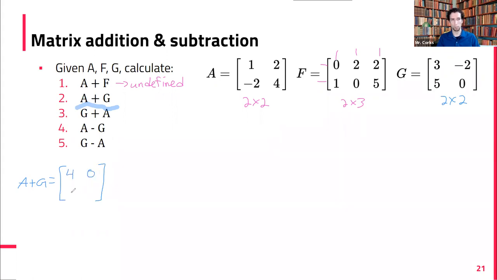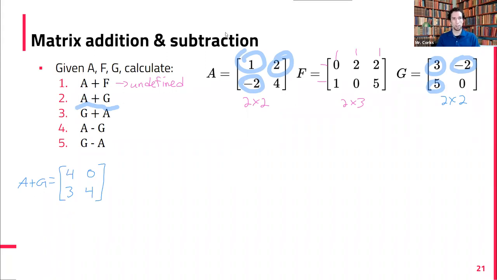And next row, 3 and 4. So the first position, we just match up the positions. 1 plus 3 is 4, done. 2 plus -2, 0, done. -2 plus 5 is 3, and 4 plus 0 is 4. So just match up the corresponding positions, add them together, and that's it.